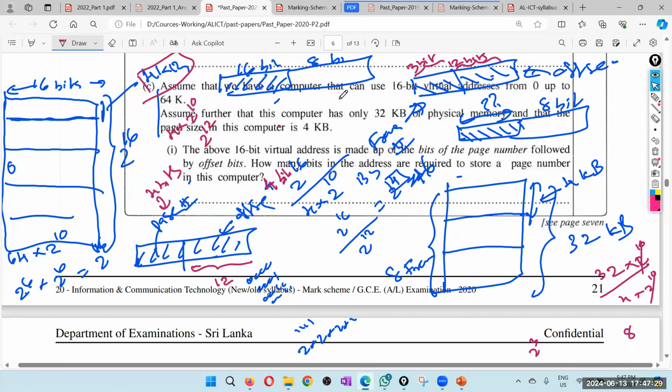That is 000, 001, 010, 011, 100, 101, 110, 111. To represent 8 frame numbers, you need 3 bits. Now we know that this is 4 bits and 12 bits. This is 3 bits and 12 bits. Okay.